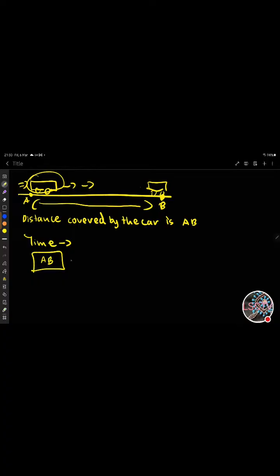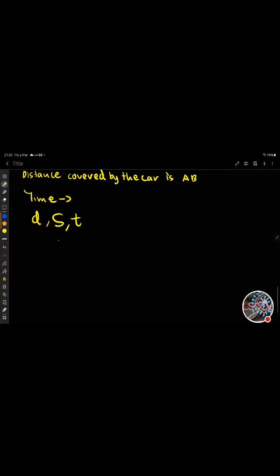So AB is basically the distance, right? Distance by speed gives the time. Let's see. Let D represent distance, capital S represents speed, and T represents time.